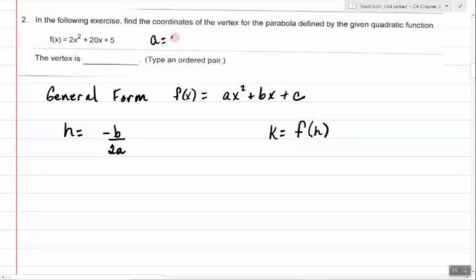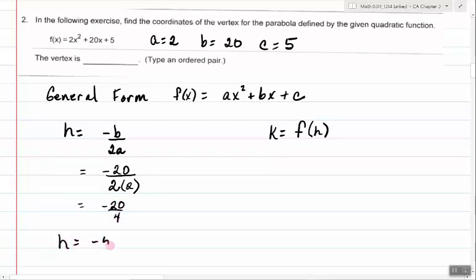A is 2, B is 20, C is 5. So this is negative 20 over 2 times A, which is 2. This is negative 20 over 4. H is negative 5. We have half of the ordered pair of the vertex.